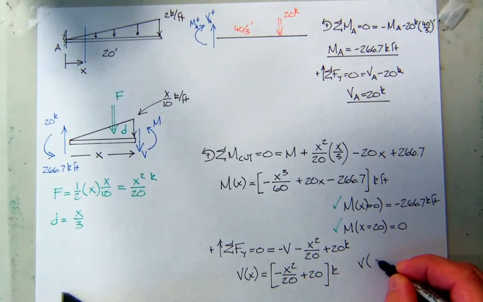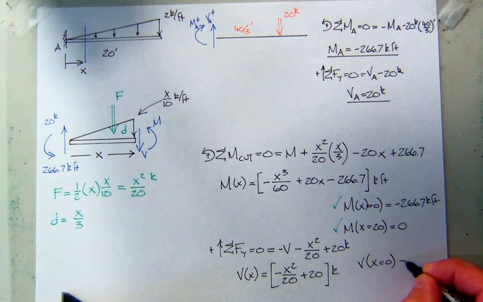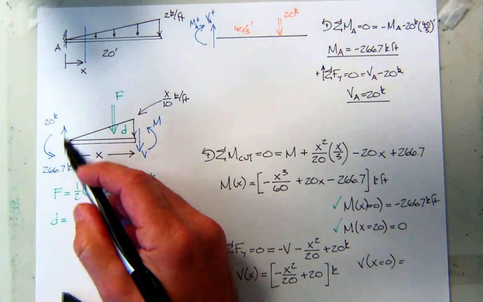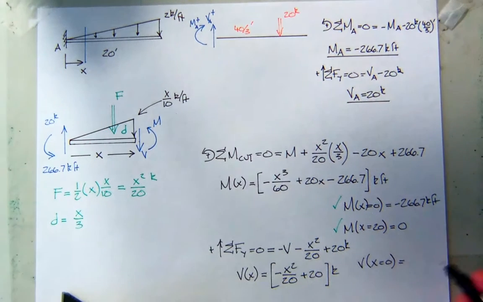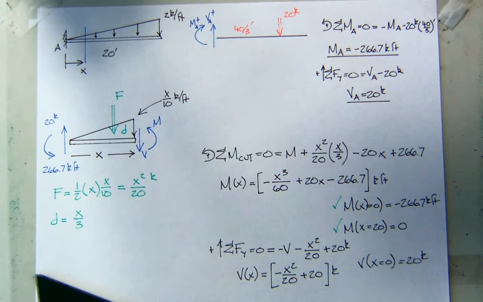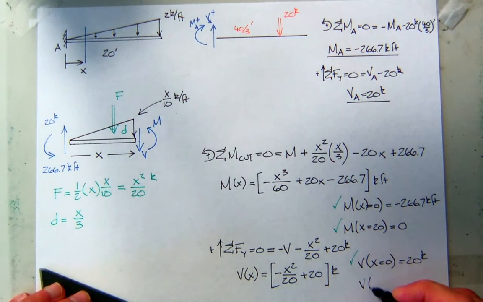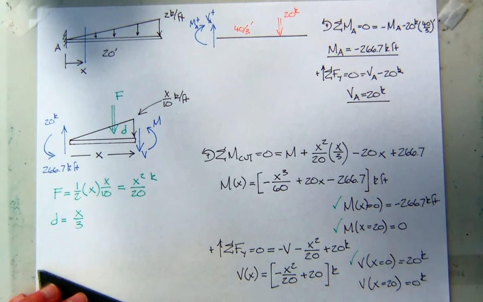What is the shear at x equals 0? Positive or negative? Does my equation predict that? Yes. What is the shear in Tilburg space? 0. Is it? Yes. Put in x equal 20. What do you get? 0. It works.